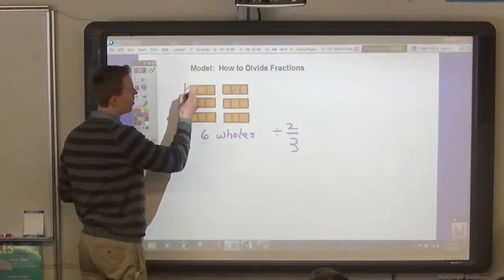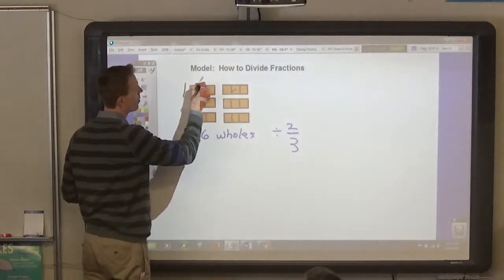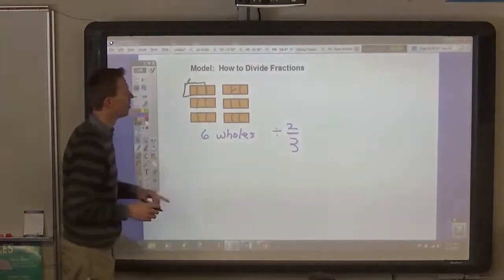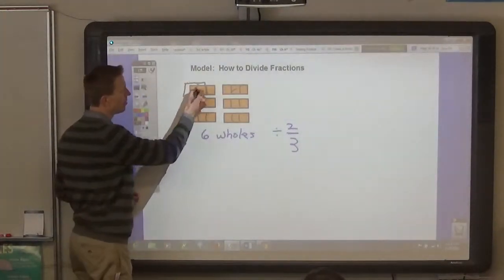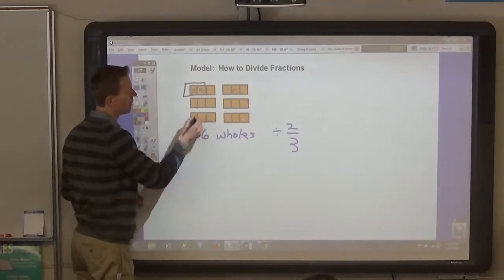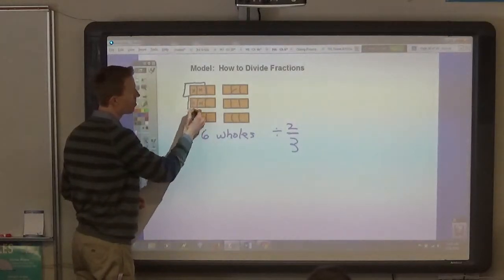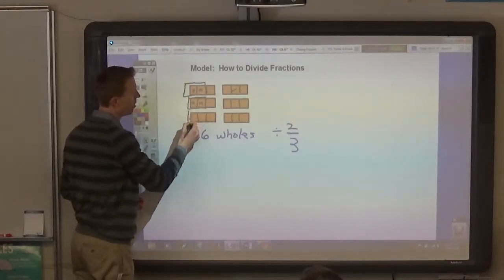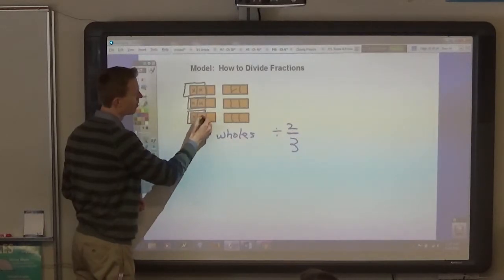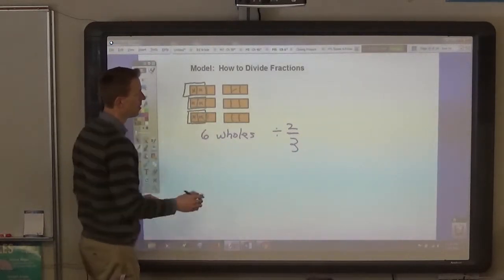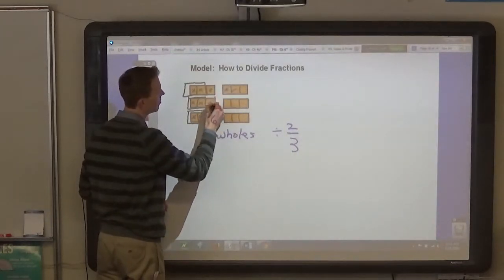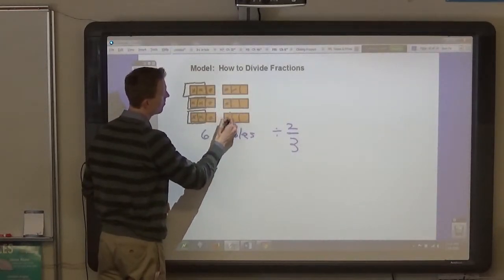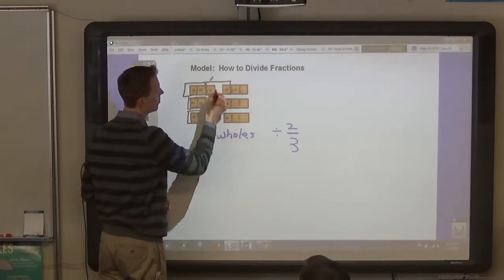Here's how this is shown. Here's one group of 2/3. Okay, it's these 2 pieces. Here's another group of 2/3. Here's another group of 2/3. And here's a group of 2/3. So these go together.